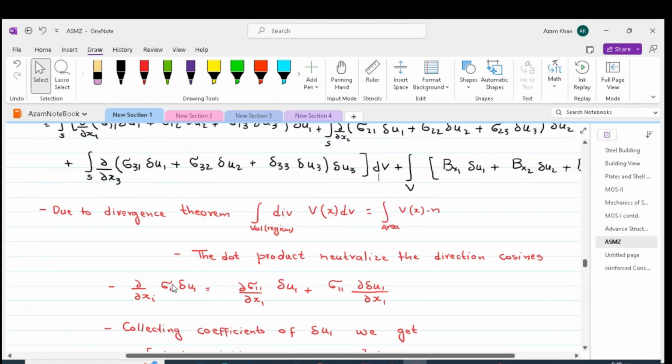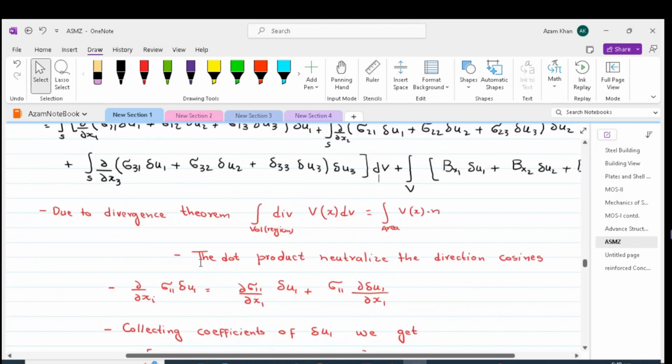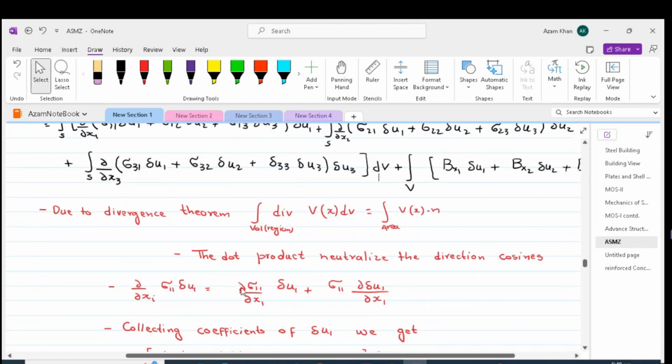So we can take the partial derivative with respect to x1 for the first term, and we will get the partial derivative of the first term, keeping the second term as it is, plus the first term as it is and the partial derivative of the second term.